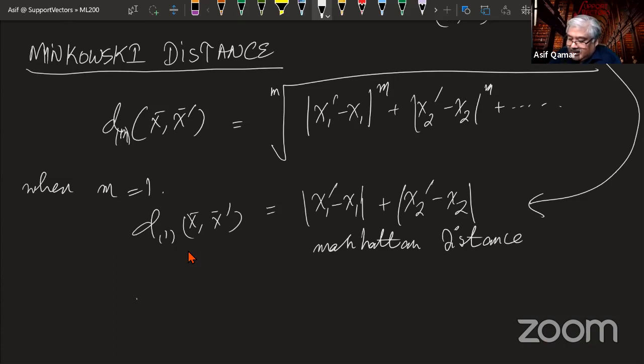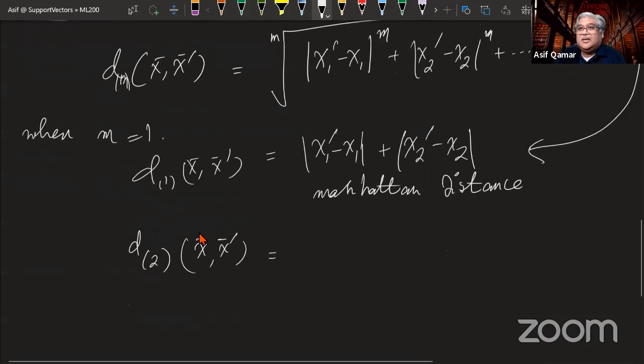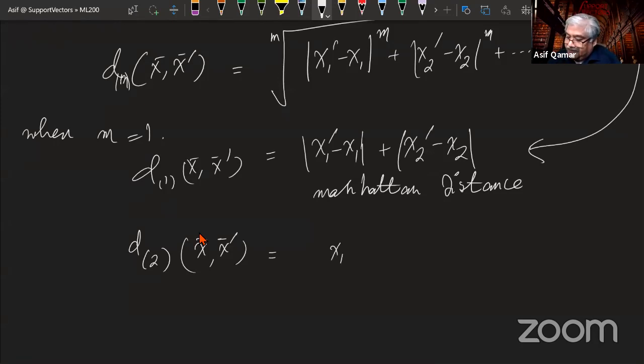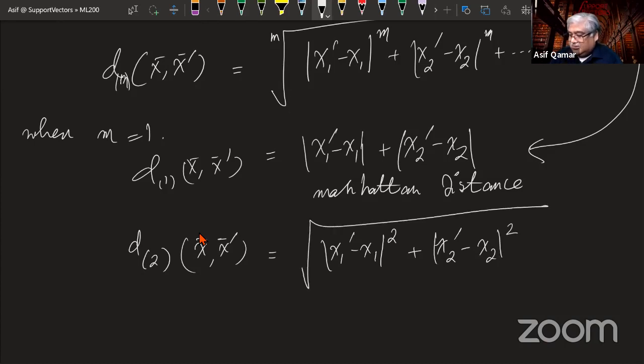On the other hand, let's see what it becomes when m is equal to 2. The word people use is the second norm. So we have the absolute value of x1 prime minus x1 squared, plus the absolute value of x2 prime minus x2 squared, whole thing square root.